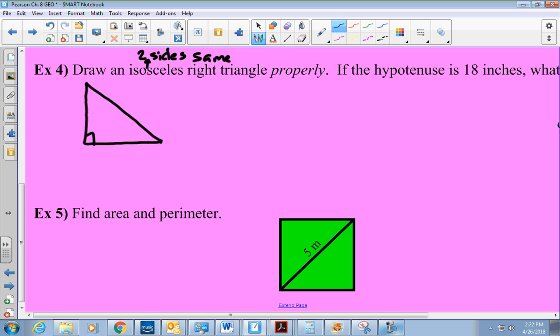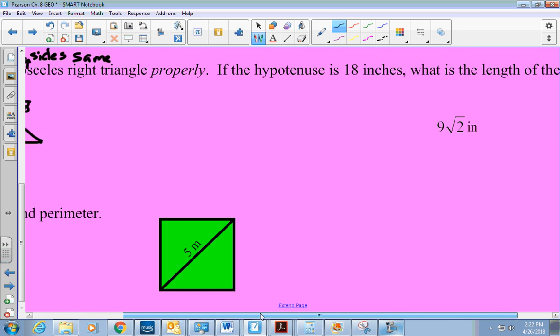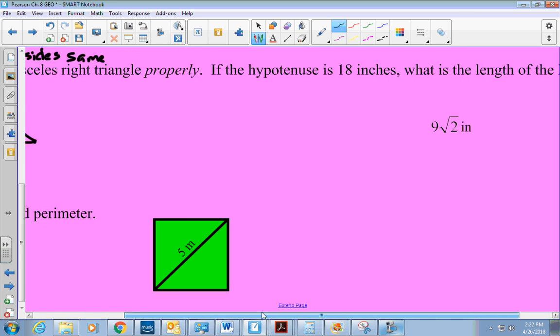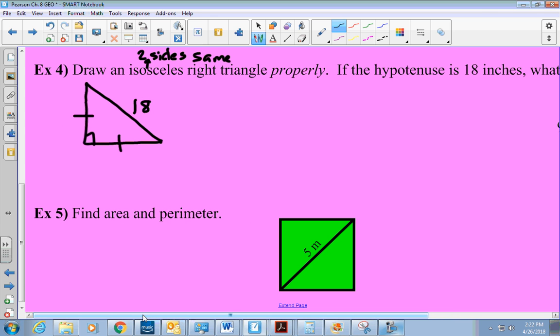And we're going to put in a little tick mark to the left and the right to show that the sides are the same. The hypotenuse is 18. And the question is, what is the length of the leg?